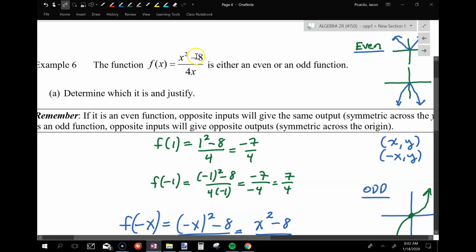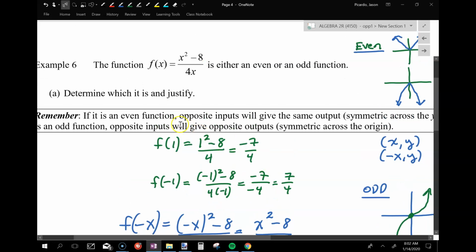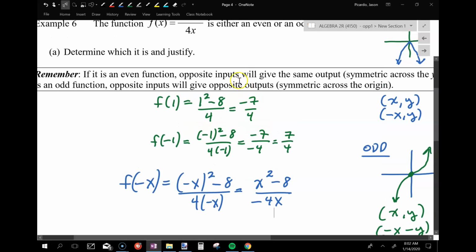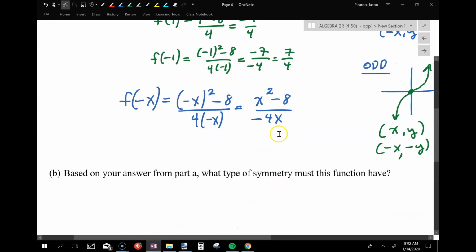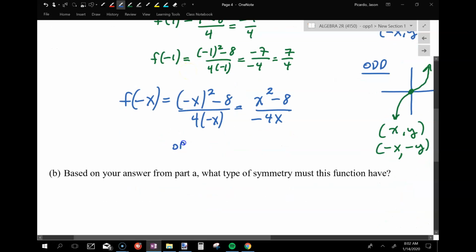Here I got x squared minus 8, right? That was the same as this. But then I got 4x and I got negative 4x. So what does that mean? That means that if I get a value here, I'm going to get the same value here, except this value is going to be negative. Why? Because this was a negative 4 instead of a positive 4. So this is definitely an odd function.